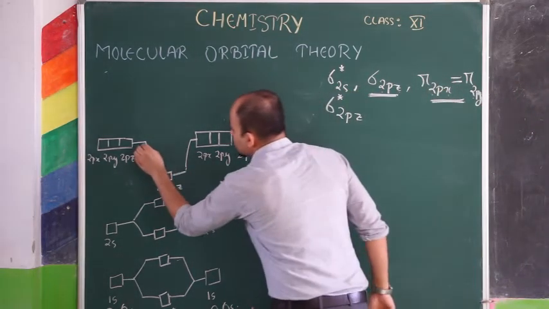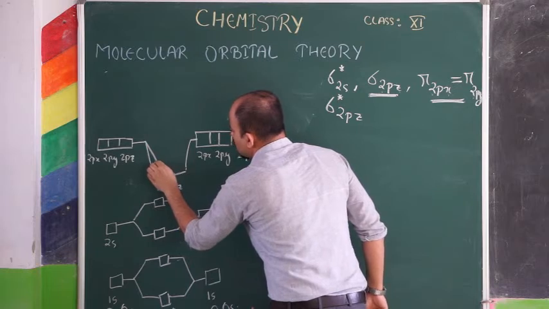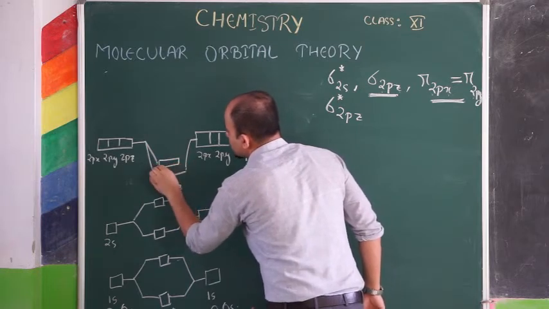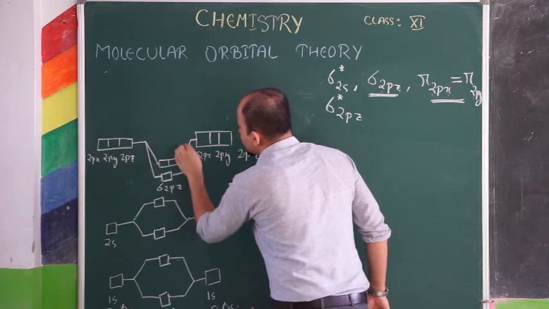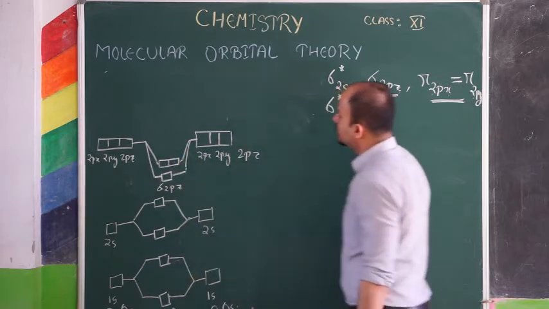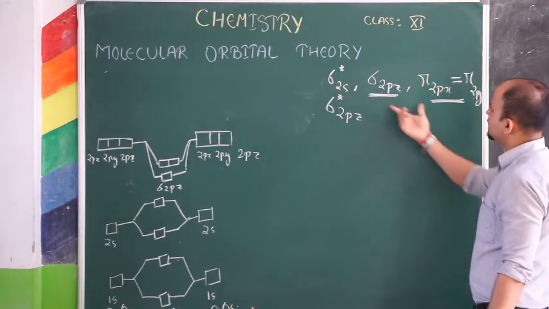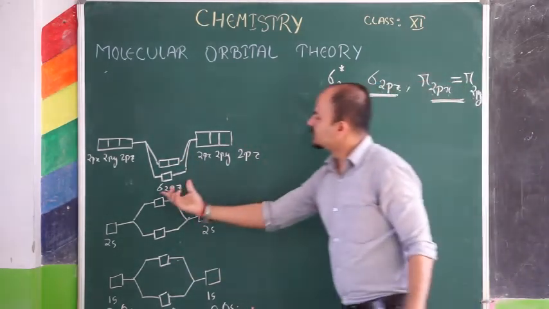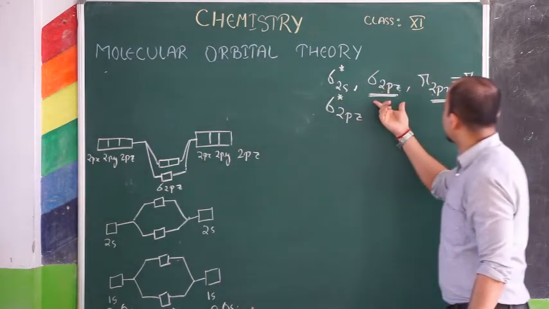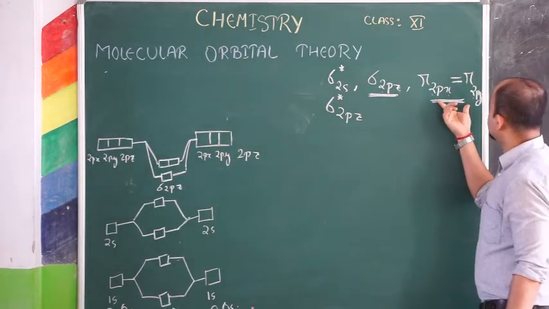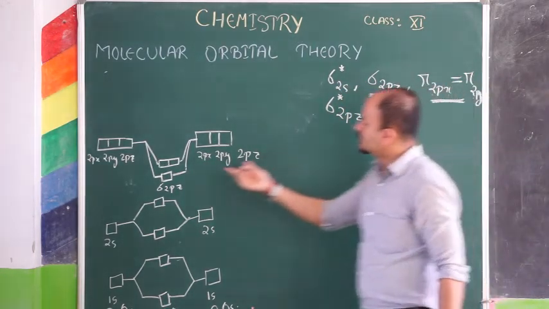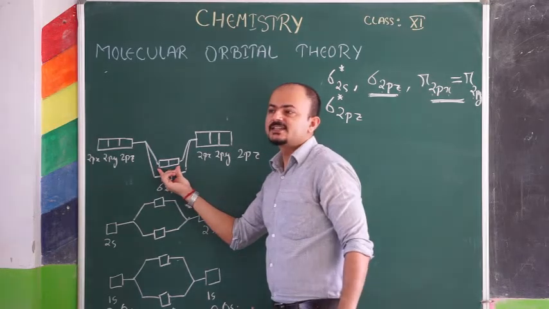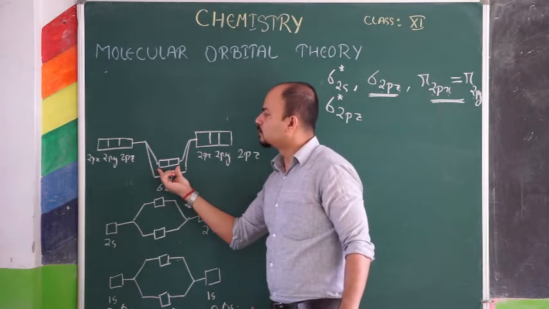So here again you will have two orbitals which are equivalent in energy. Okay, so up to this point we are finished. This has lower energy, sigma 2pz, then after that comes pi 2px and pi 2py. So this is your pi 2px and pi 2py.